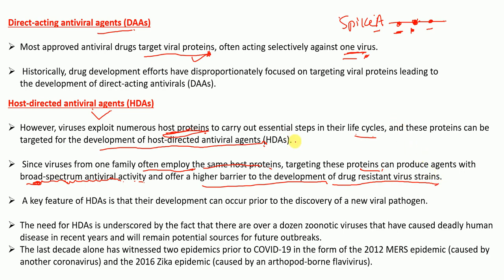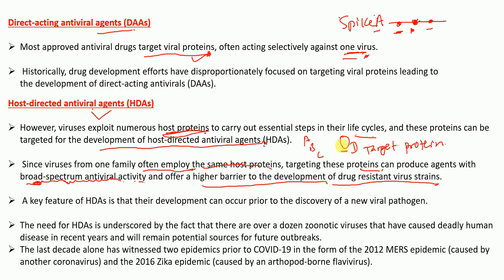Okay. So what does this mean is, guys, if we have a virus A, virus B, and virus C, and if all these viruses use the same target protein, let's say that they use the same target protein D, and we have our antiviral agents which are targeting this target protein in the host.